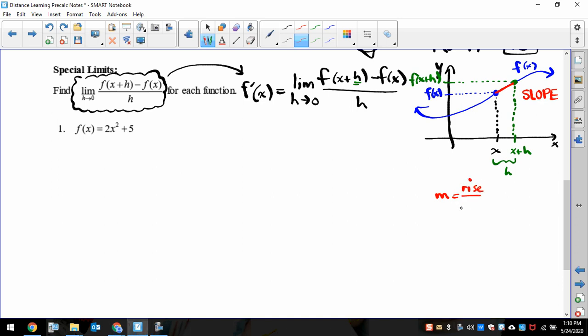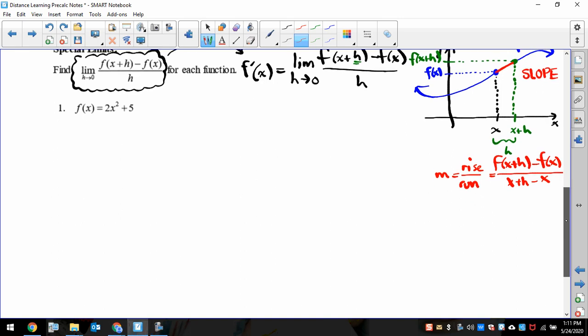So rise over run. This is what we learned in algebra. And so the highest point is going to be f of x plus h. And we want to subtract the lowest point, so f of x, or you could say y2 and y1 if you want. So this is y2, the green one is y2, and the blue one is y1. And then we'll divide this by x2, which is x plus h, minus x1, which is x.